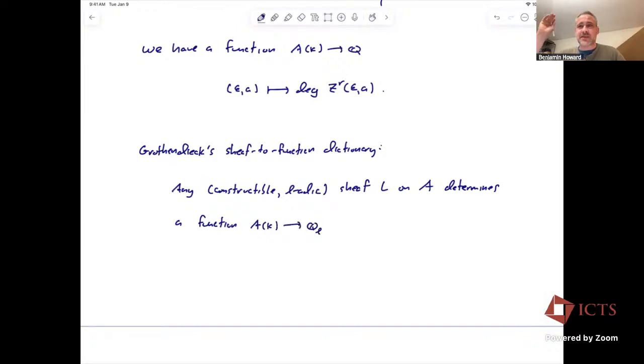Just fix forever some auxiliary prime l that's prime to the characteristic of our ground field K.